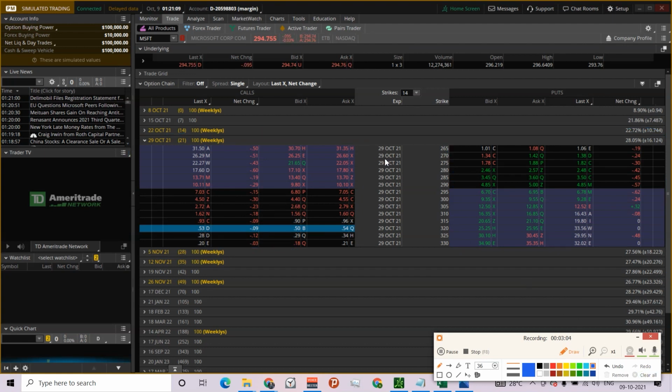Now, what is at the money? At the money is something trading at 295, almost 294.75 or 295. Whatever strike price falls in this range is at the money, around the 295 level.